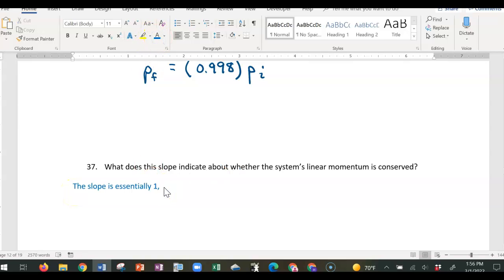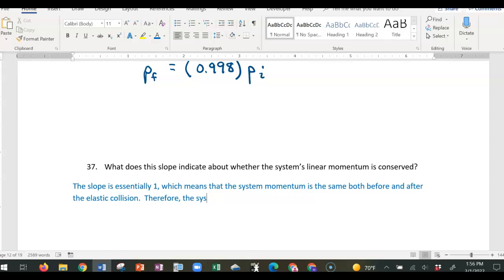And so that means that the system momentum is the same both before and after the elastic collision. Therefore, the system's linear momentum is conserved during the elastic collisions.